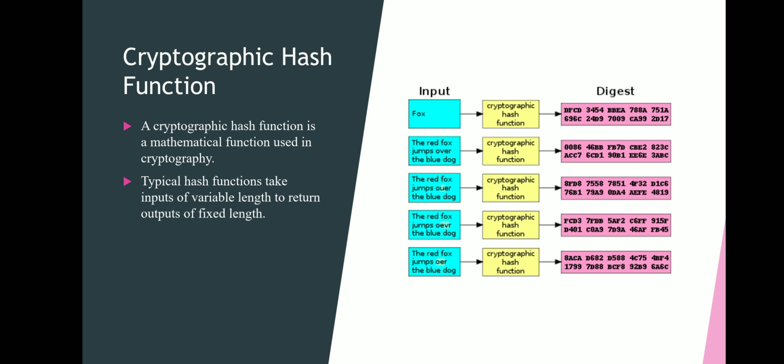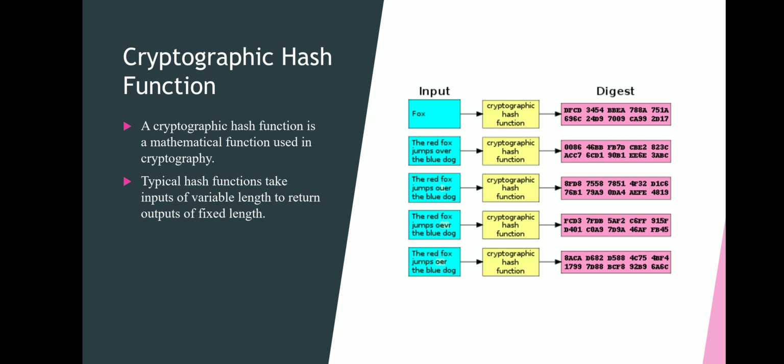Here the hash function is also known as a one-way hash function. Why is it called a one-way hash function? Because for a given text, we obtain a fixed string, the digest, using the hash function. But for a given hash output, we cannot produce the same information back.